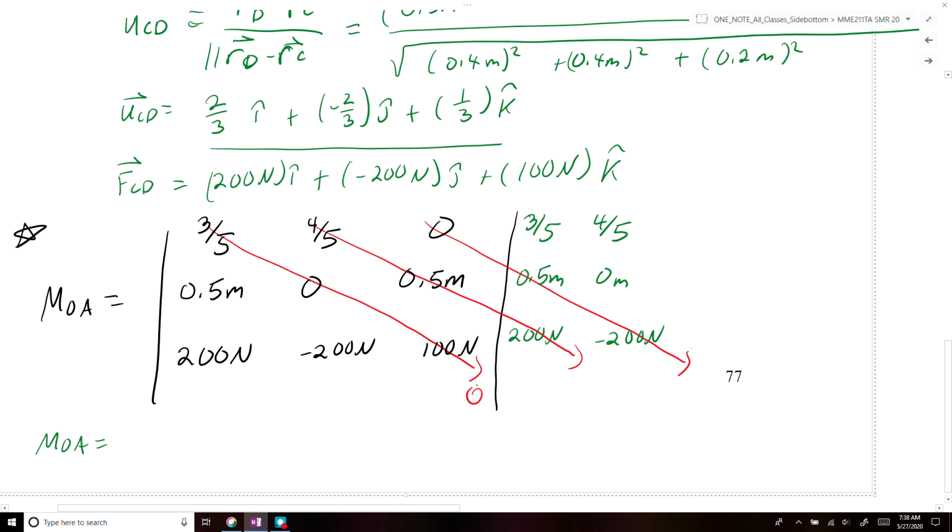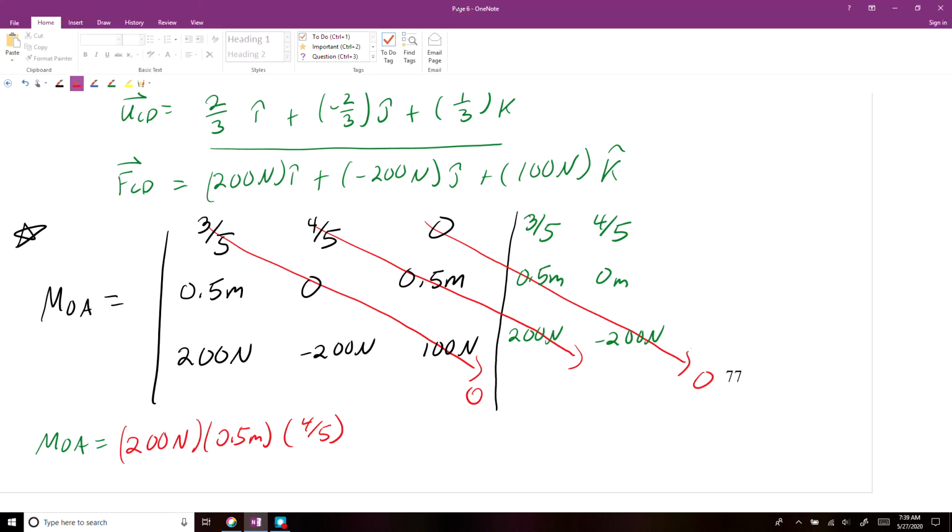The first diagonal will be 0. The second diagonal would be equal to 4/5 times 0.5 times 200, so 200 newtons times 0.5 meters times 4/5. And then the last term will be 0. Then we go to the opposite side, and we subtract all of these diagonals.